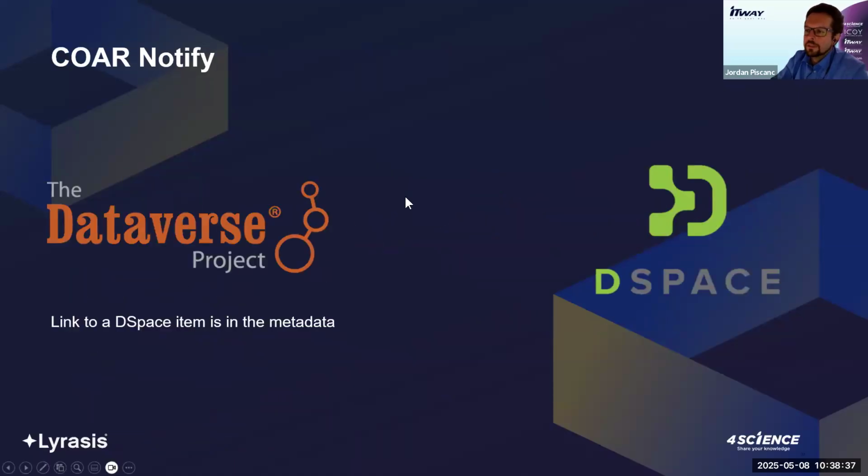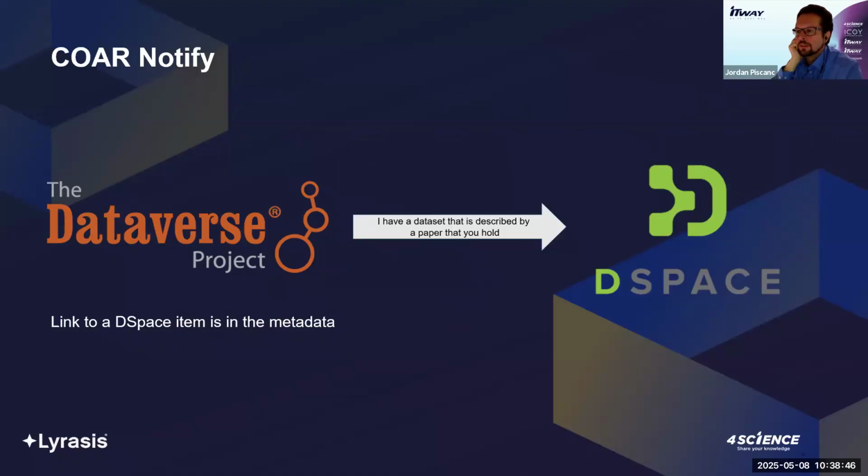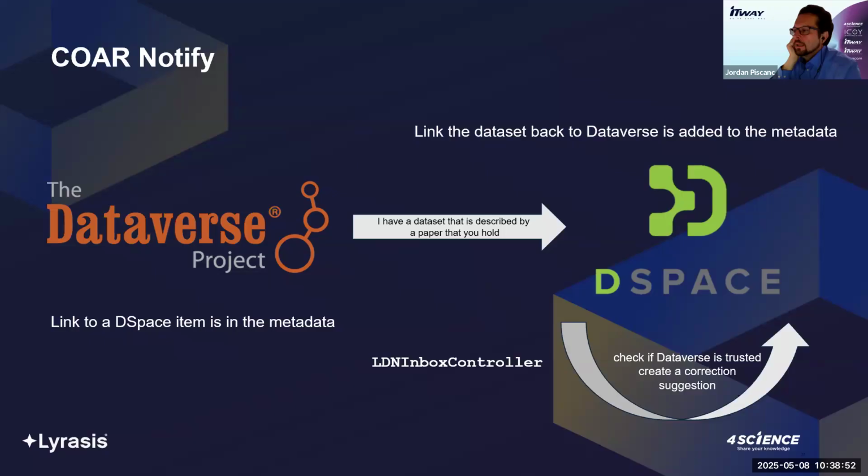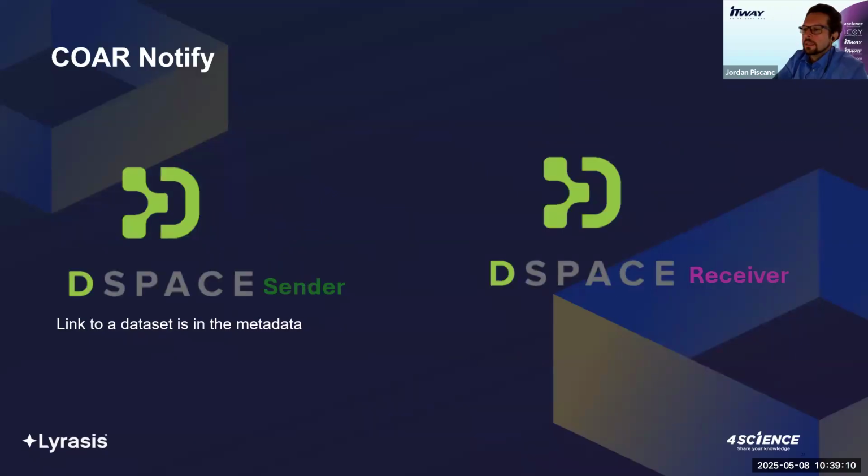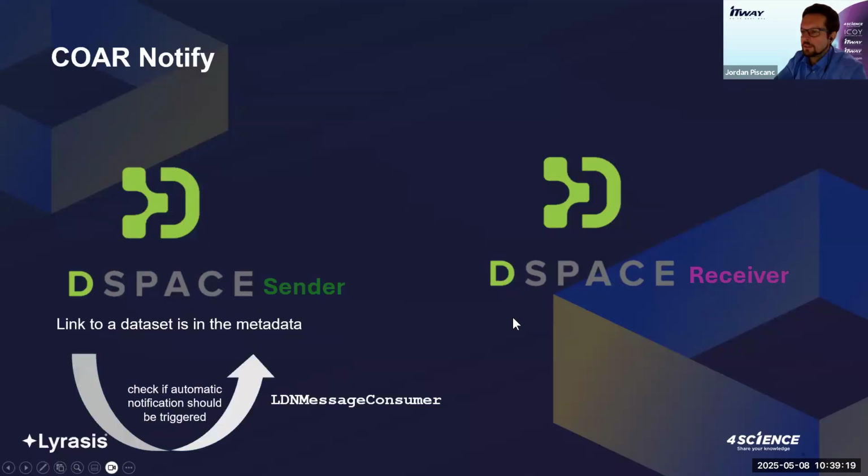Something reverse could be that Dataverse would like to link its dataset with a DSpace publication. So it's announcing, I have a dataset that is described by a paper that you hold. The same thing is going on because Dataverse sends a message to the inbox controller. It checks if Dataverse is trusted for this kind of thing. And similar things could be done also between DSpace systems, between DSpace as a sender and DSpace as a receiver.